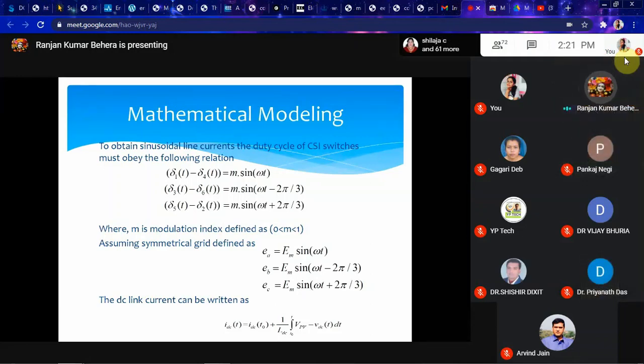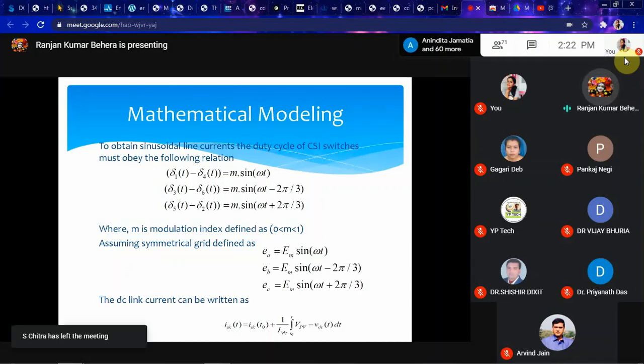And that way you get 3 balanced modulation indexes so that your output current will be balanced. If your modulation index or the reference is not balanced, then you will not have a balanced output. So these references I will discuss in detail when we come to current control.